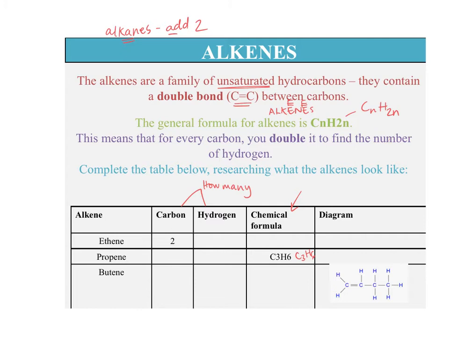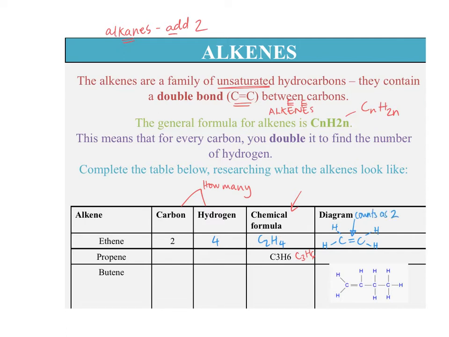So hopefully your table should start looking a little bit like mine. So ethene is C2H4, and we just draw it simply like this. Remember that our carbons only have 4 bonds, and this double bond in the middle counts as 2.